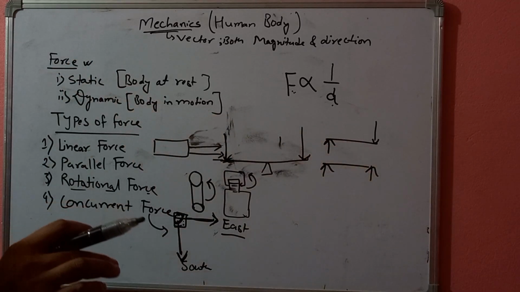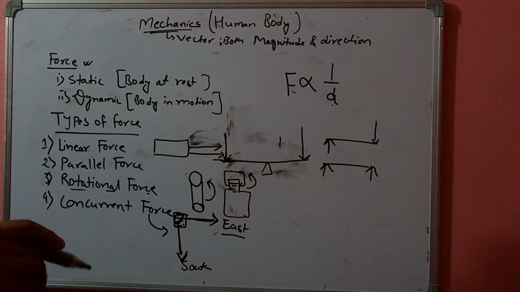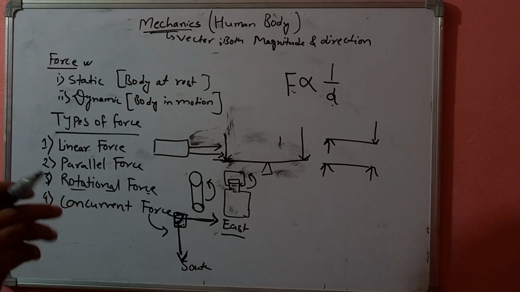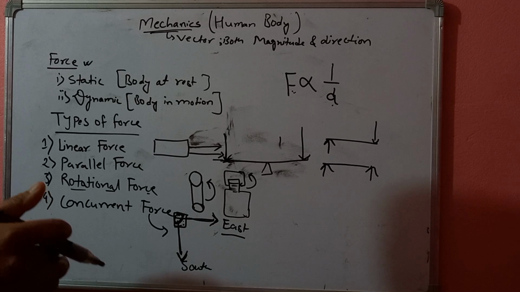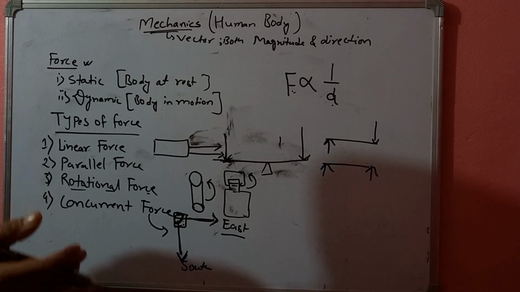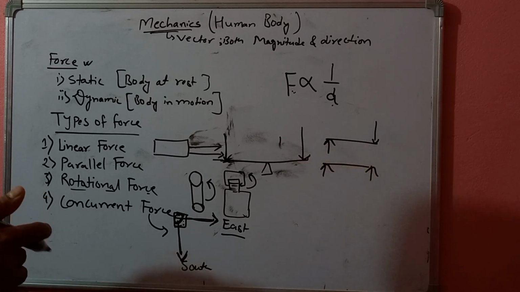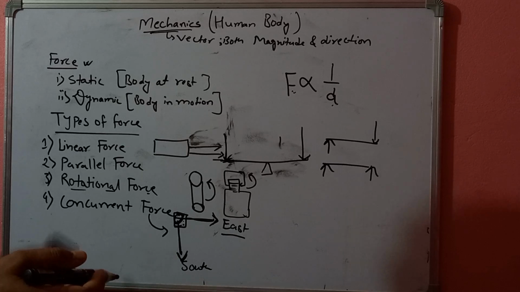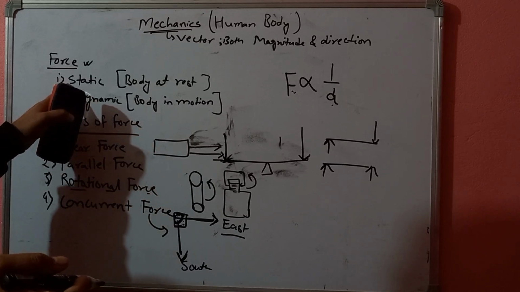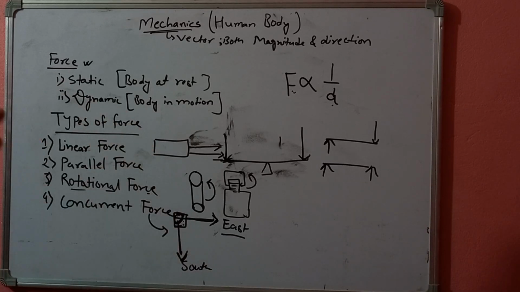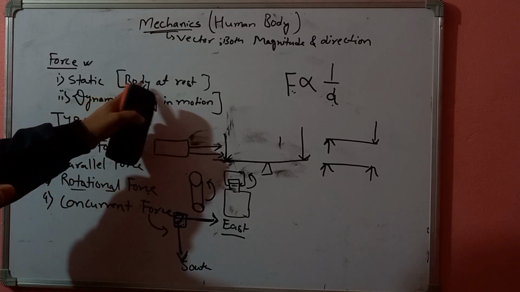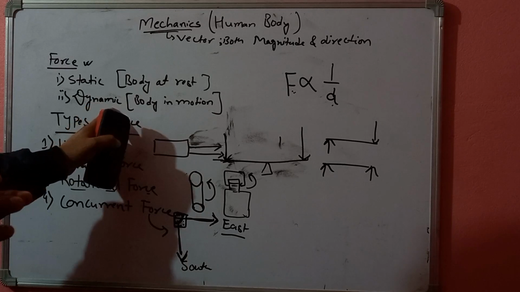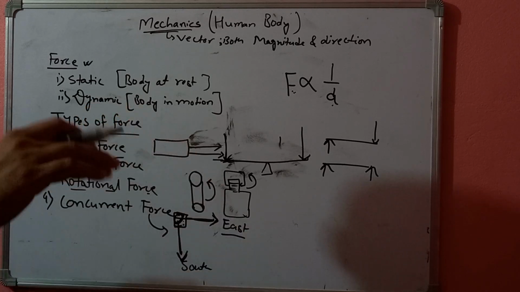Force is pushing or pulling which affects the body position, or may try to change the body position, right? There are two types of body, static and dynamic. A static body is a body at rest, and a dynamic body is in motion, right?